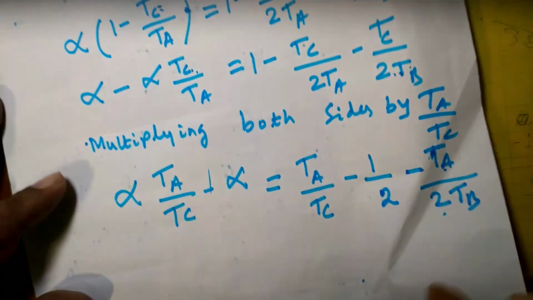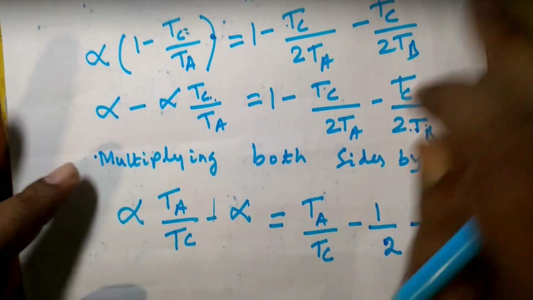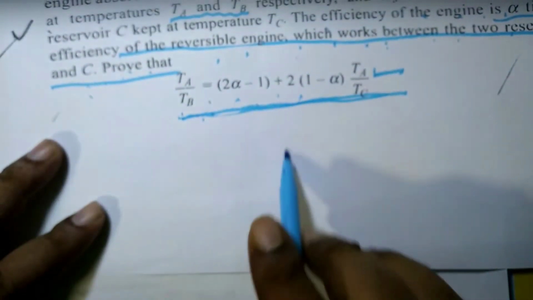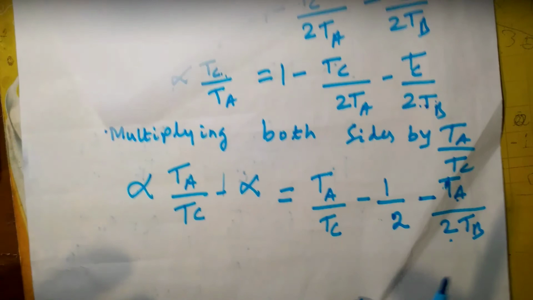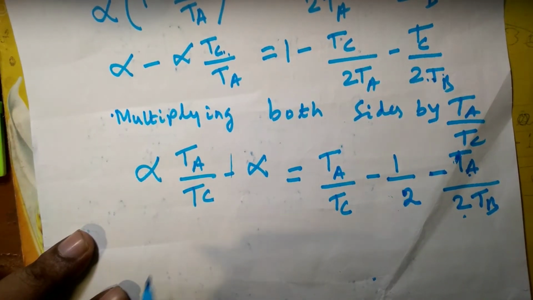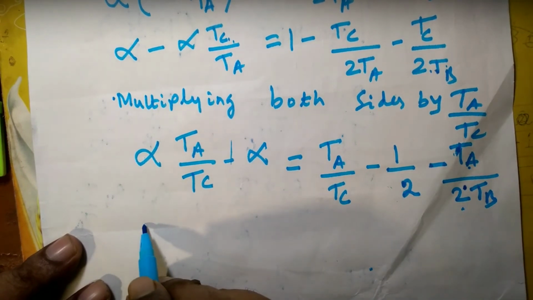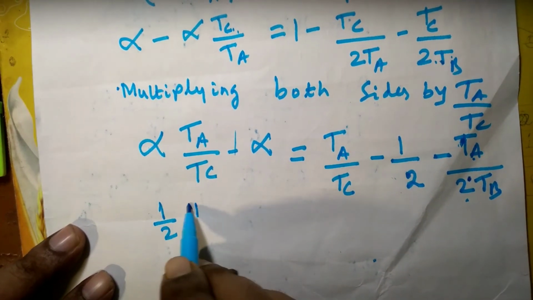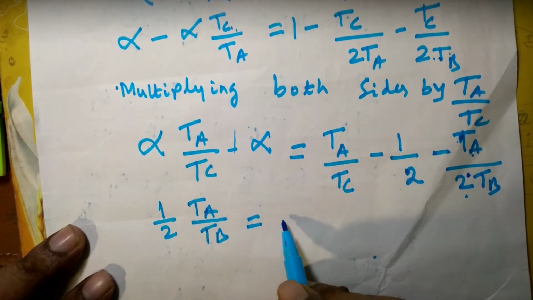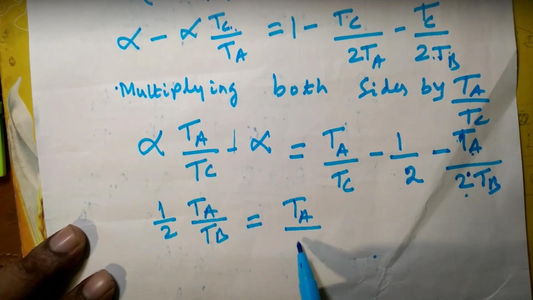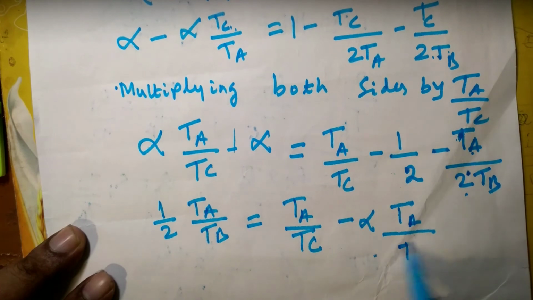But we are to prove that TA by TB is equal to this much. So I will bring TA by TB to one side. So if I bring this to one side, that will be half TA upon TB is equal to TA by TC minus alpha TA by TC.